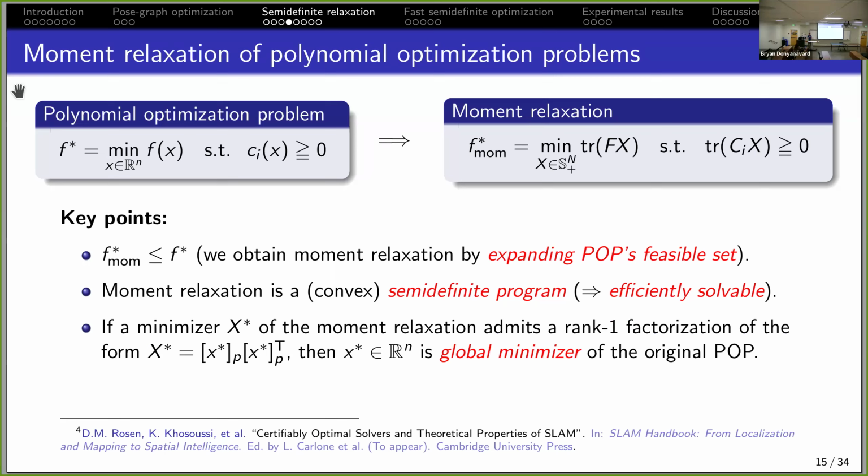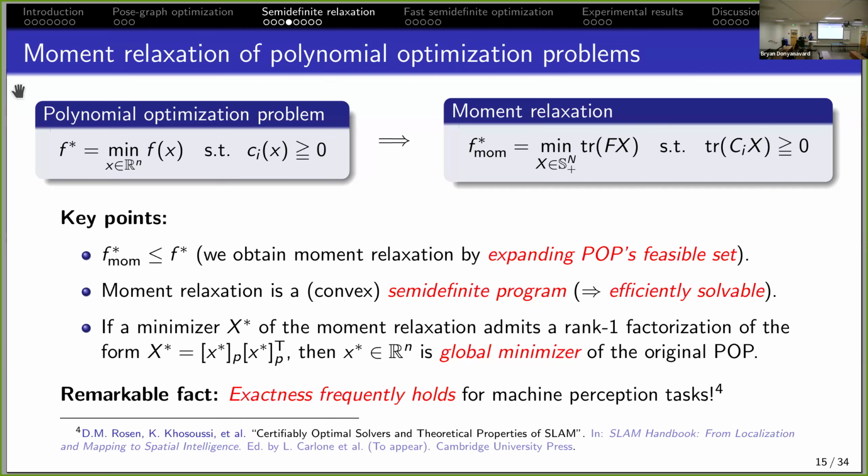If that is the case, I can immediately conclude that this resulting vector that comes from this rank 1 factorization in fact provides a globally optimal solution to my original problem, because it is a feasible point and it attains equality with this lower bound. And therefore not only do I get a minimizer, but I get a computational certificate that that thing is in fact a global minimizer. So not only do I get the right answer, but I can recognize that I've gotten the right answer, which, as you can imagine, is extremely important for the safety critical applications that we want to use these tools for. It's not just getting the right answer, but knowing that you got the right answer, or didn't, as the case may be.